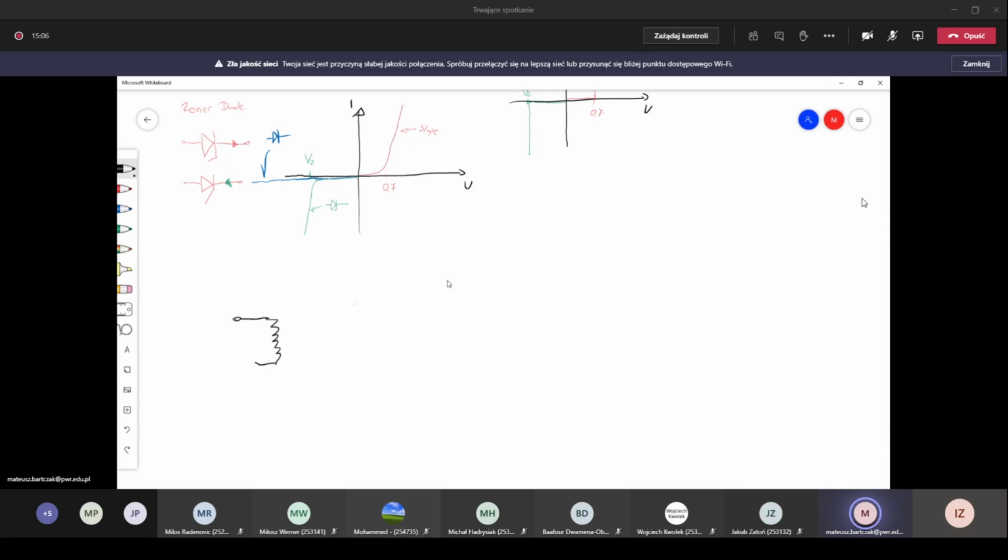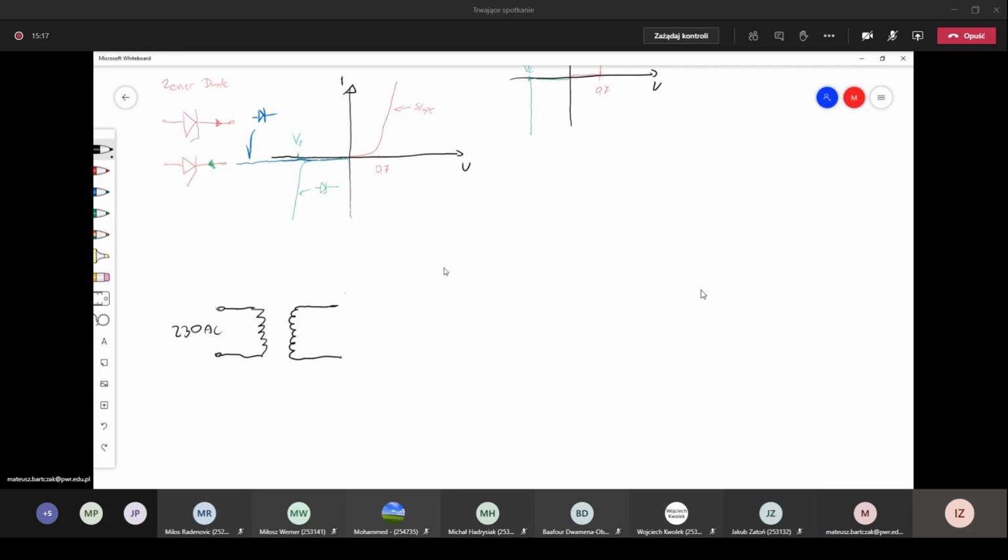We have the transformer. Here we will have, let's say, 230 AC. Here we will have, let's say, 9 volts AC as well.